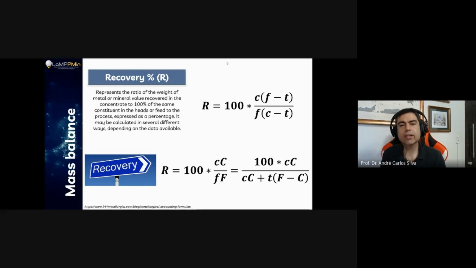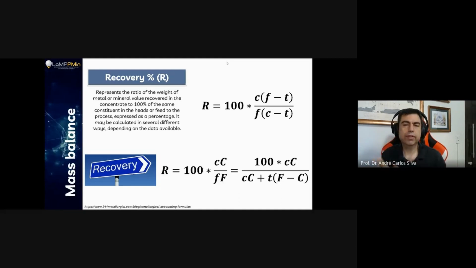If I want to increase the first part of the equation, I have to increase the concentrate. That's possible. So if I increase the C and decrease, for example, T or F, that's going to be good for me. But actually, when I try to do this, I always reduce my production, when I'm talking about tons. So tonnage is going to go down as much as the recovery goes up.